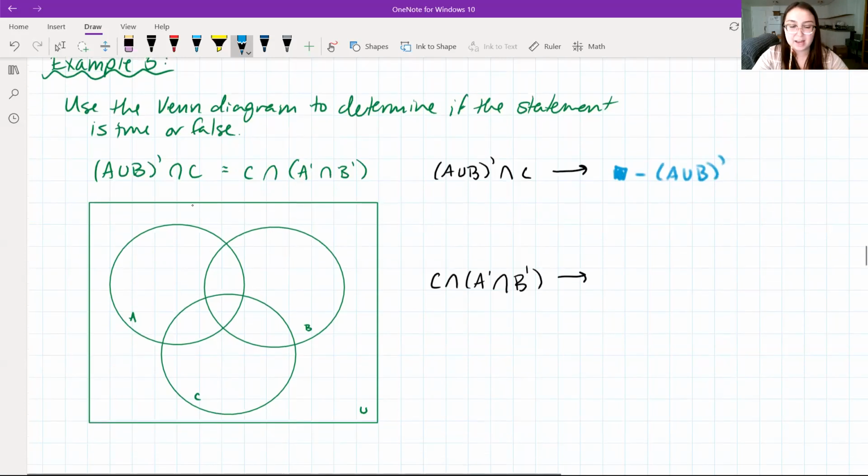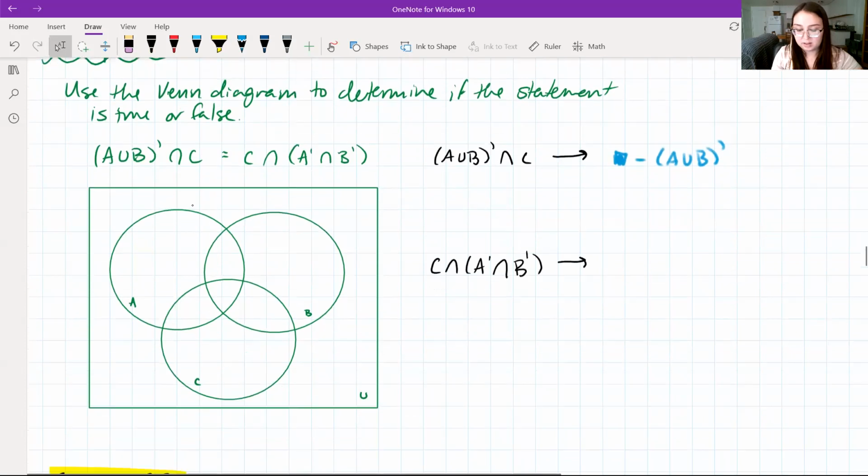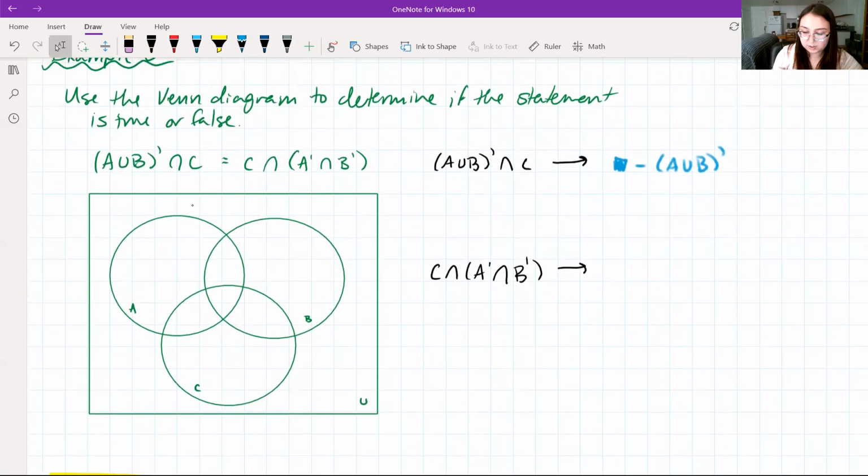So if we're thinking about A union B, we know A union B are all the elements in A and all the elements of B and all the elements of both. So essentially, we're just coloring in anything that's not A or B or both.